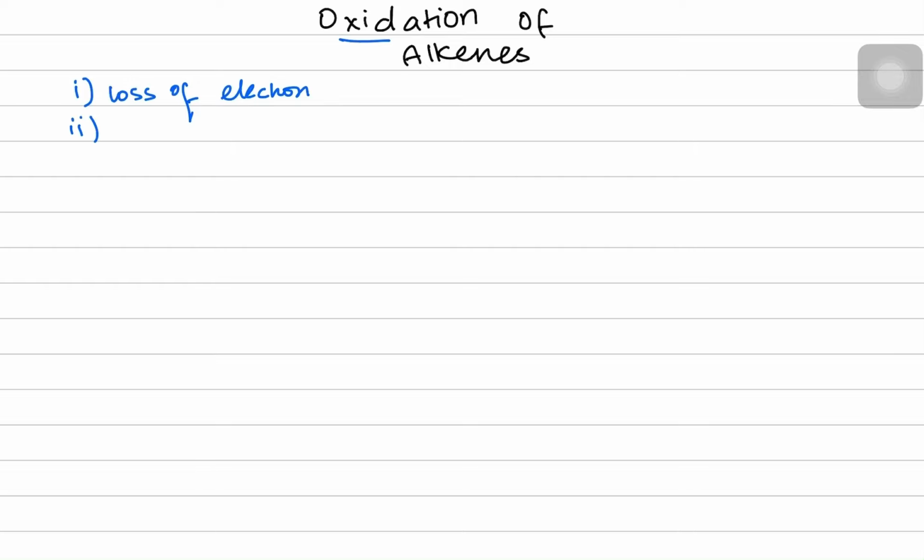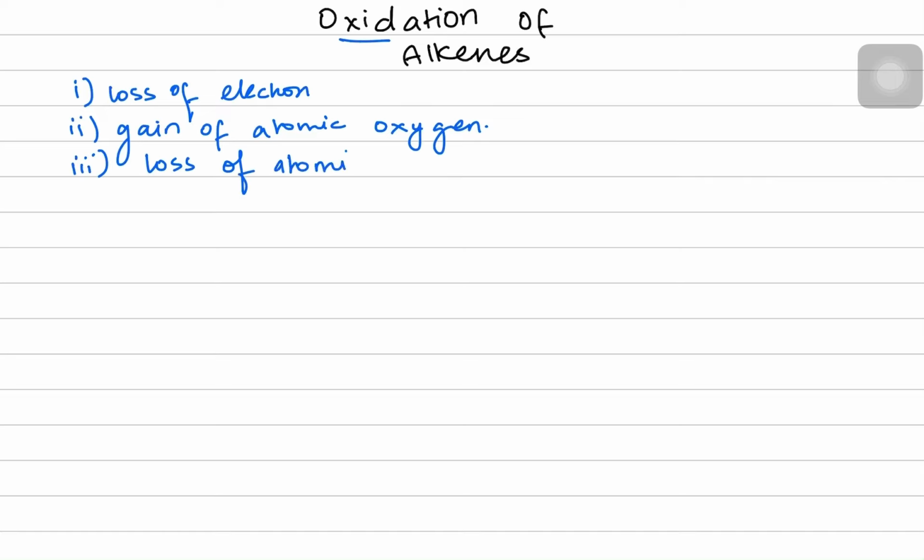The second definition is gain of atomic oxygen. So you react with oxygen, you attach or make a bond with oxygen. And the third definition is loss of atomic hydrogen. So whether you gain atomic oxygen or lose atomic hydrogen.